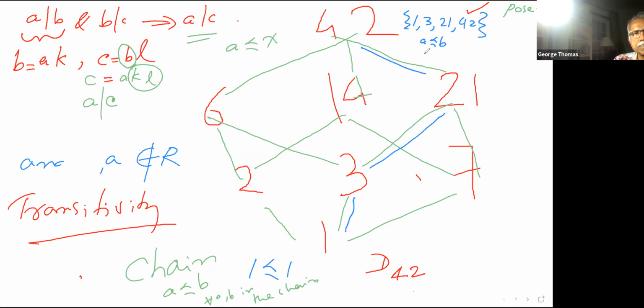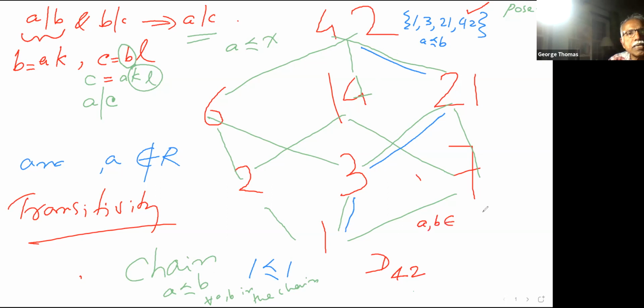Is that true? Every element here is a divisor of an element above it. 1 divides 3, 1 divides 21, 1 divides 42, 3 divides 21, 3 divides 42, and so on. You see a chain like this.